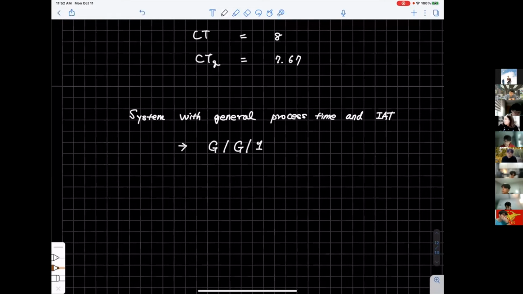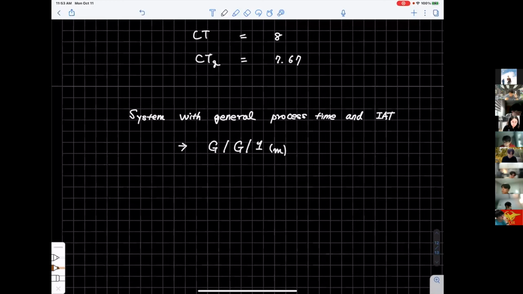So in order to address a system with non-exponential inter-arrival time and working time, we have to consider the G/G/1 or G/G/m model in order to explain the real-world system correctly.